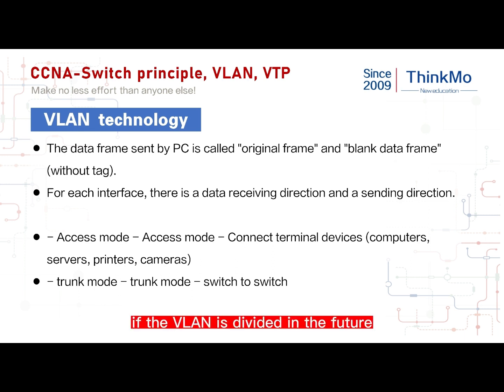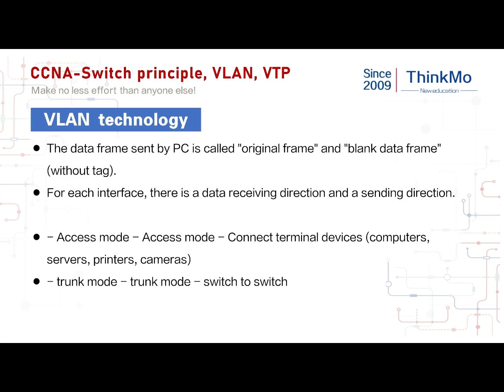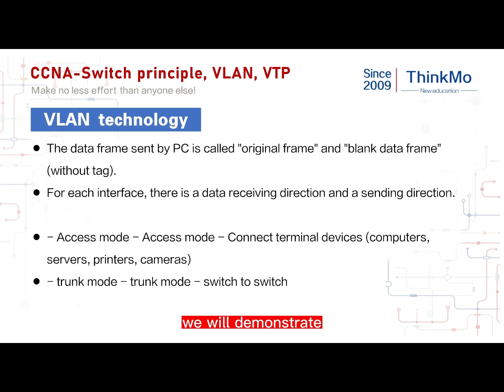If the VLAN is divided in the future, and an interface receives data, for example an unknown unicast or a broadcast, it will only flood the ports belonging to this VLAN. As for how to configure the port VLAN, we will demonstrate.